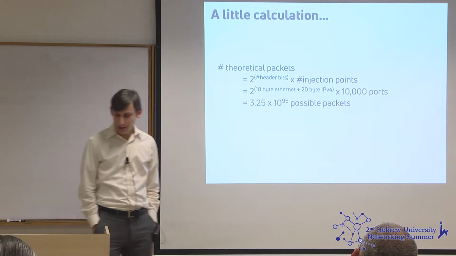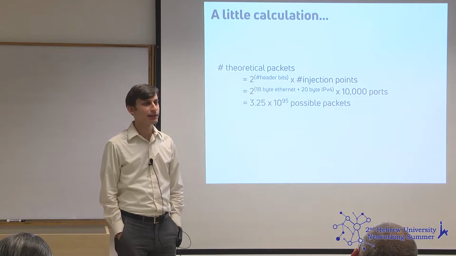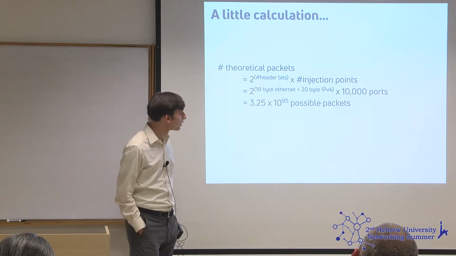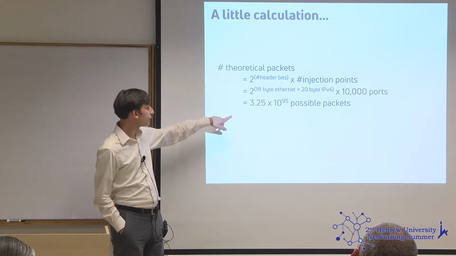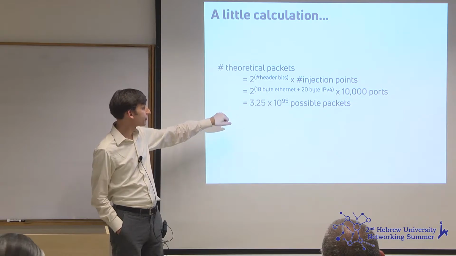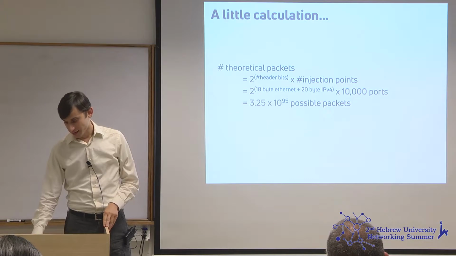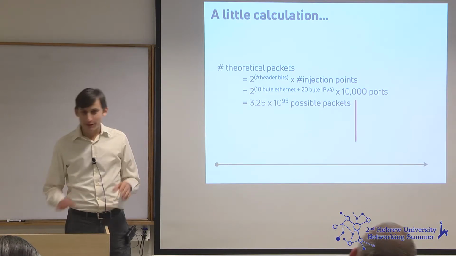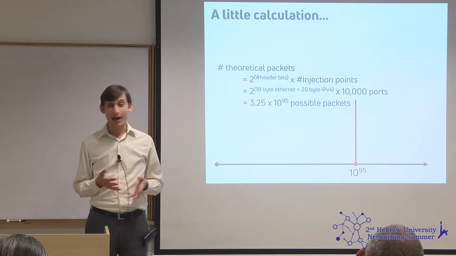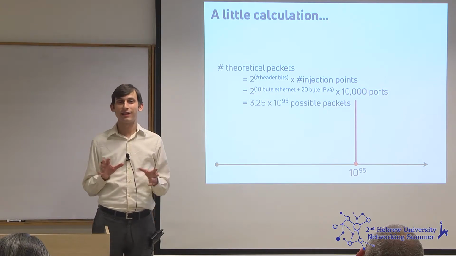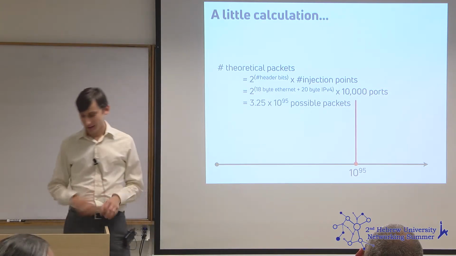So even if we only care about Ethernet and IPv4 headers, this works out to about 3 times 10 to the 95 possible packets. And any of those differences could matter depending on how the network is behaving, right?